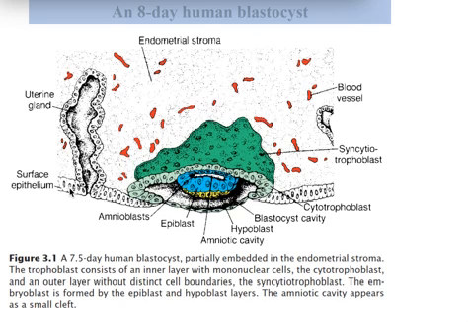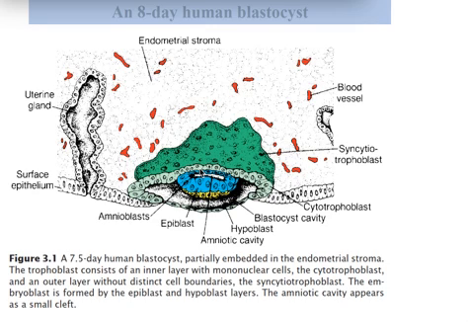It's a protective layer surrounding the endometrial stroma. So in order to be embedded at the level of the endometrium, the blastocyst should penetrate between these epithelial cells.